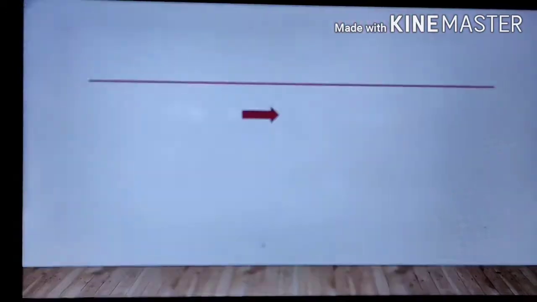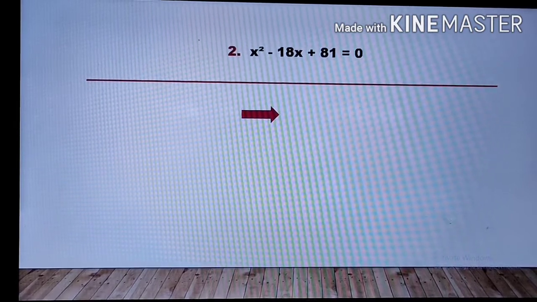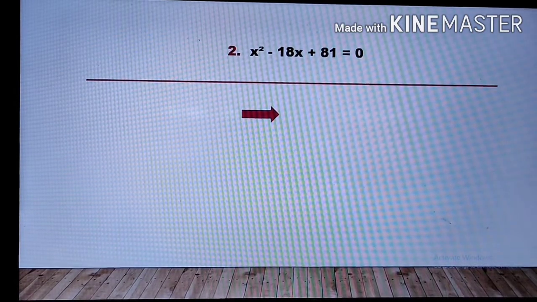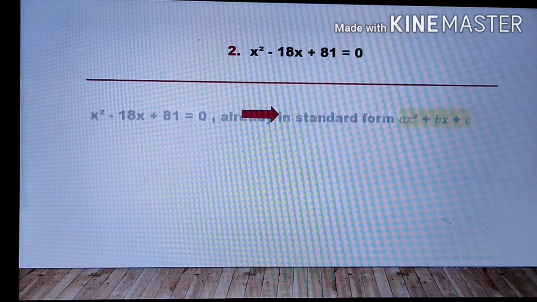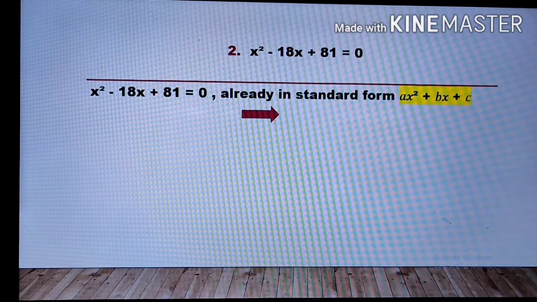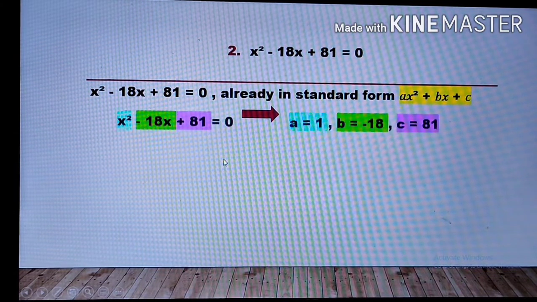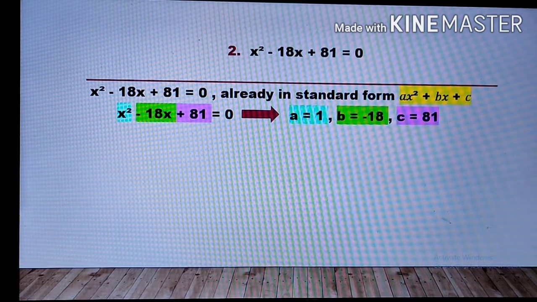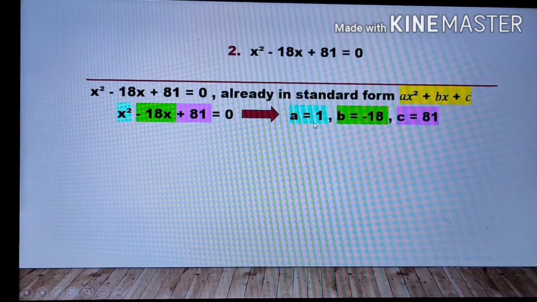Okay, another example. Example number 2. x squared minus 18x plus 81 is equal to 0. Okay, same lang gihapon, no? Nasa standard form na siya. So, next, we are going to find the values of a, b, and c. So, a here, the first term, is 1.